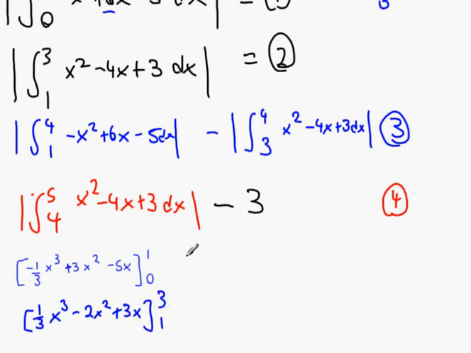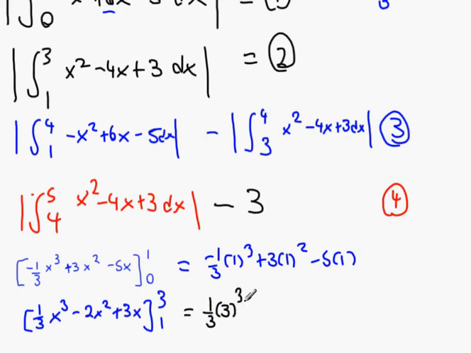So guys, let's get these numbers out here. For the first one, we don't have to worry about the 0. The second limit is 0, so we just put in a third 1 cubed plus 3 times 1 squared minus 5 times 1. The second one is going to be a third 3 cubed minus 2 times 3 squared plus 3 times 3.